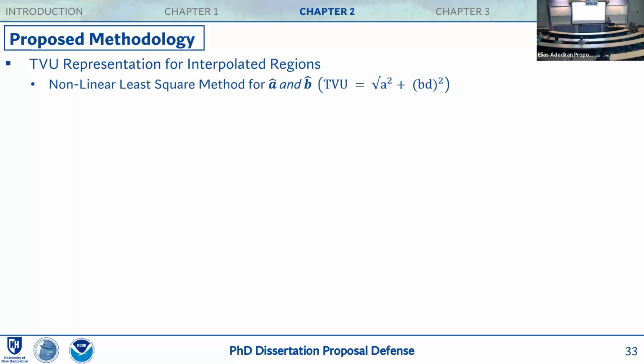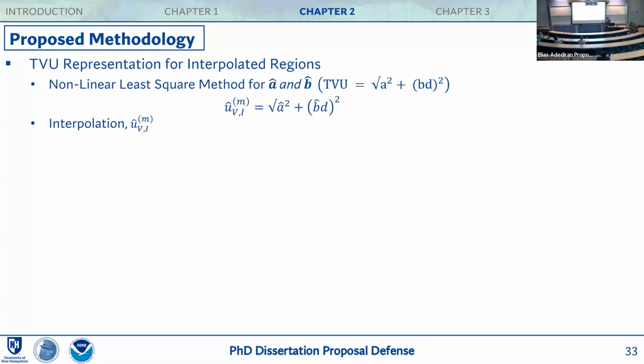So the idea is we have the TVU for the test bed, and we know what the depth is. Can we estimate the A and B using that information with a non-linear least square method? That will allow us to estimate the total vertical uncertainty in the interpolated region. This will become clearer soon.